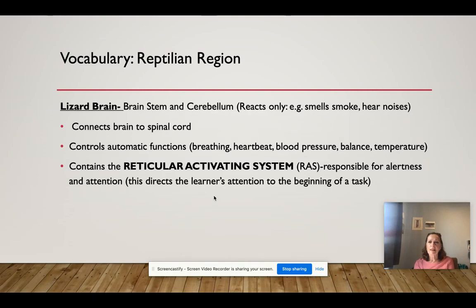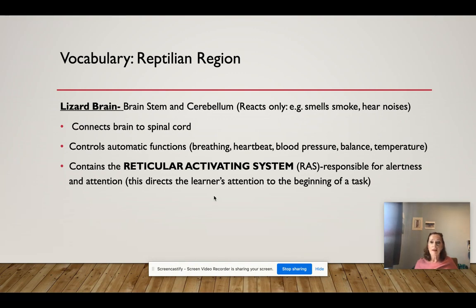It's an automatic reaction. The lizard brain connects to the spinal cord, and it controls those automatic functions that we need to survive. It's our basic survival.